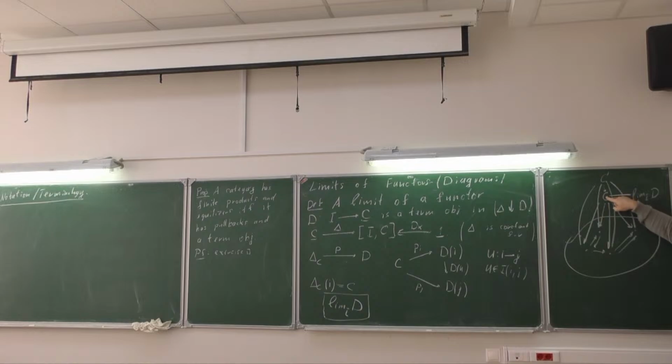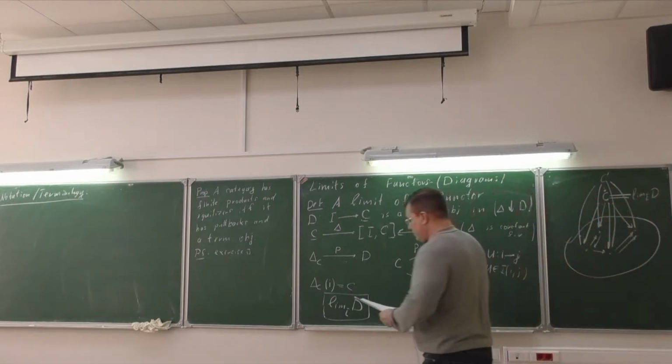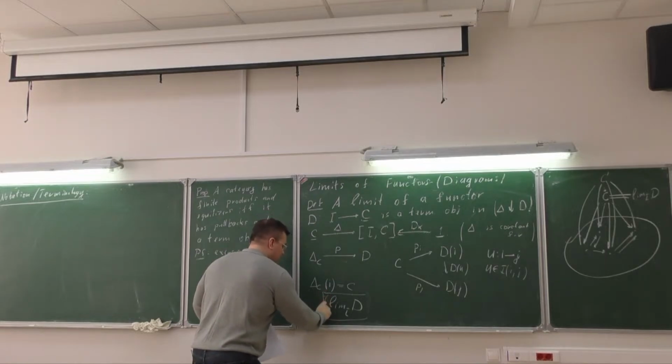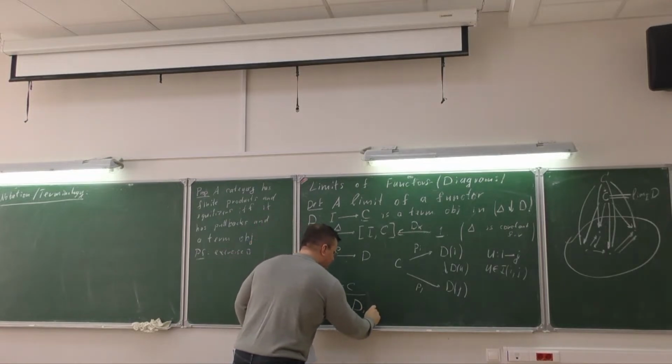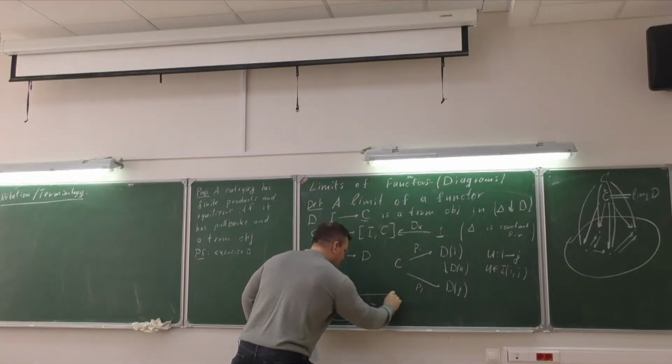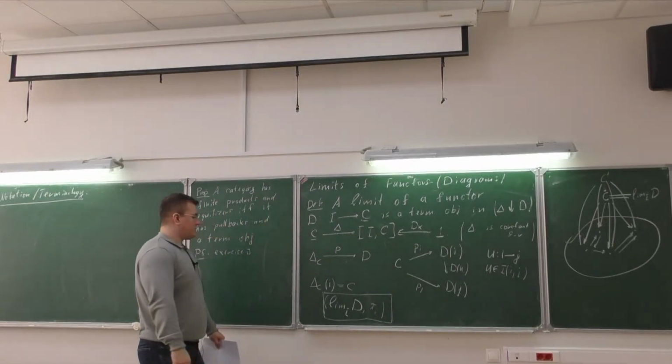The limit is the vertex with all the projections. So if you want some more precise notation or terminology, the limit is this object plus all the projections p_i, for any little i as an object in the category I.